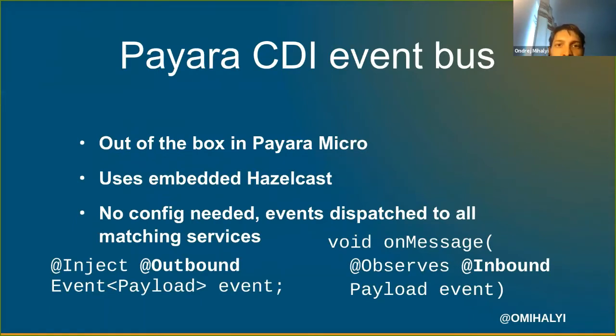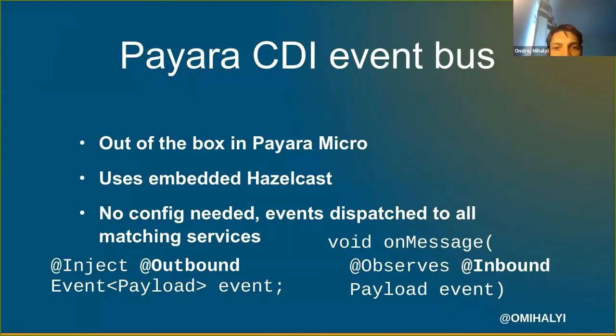As an example, the Payara platform offers a CDI event bus, which is a built-in engine based on Hazelcast, which provides exactly this. It allows you to raise a CDI event in one application and then catch it by Payara Micro, transfer it over the network using Hazelcast to any Payara Micro or Payara Server instance on the cluster, and trigger the event on a different instance of your service, or even in a completely different service.